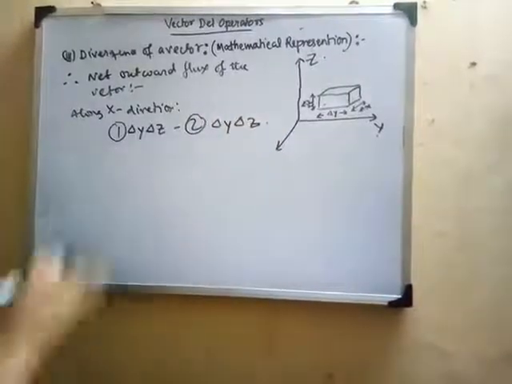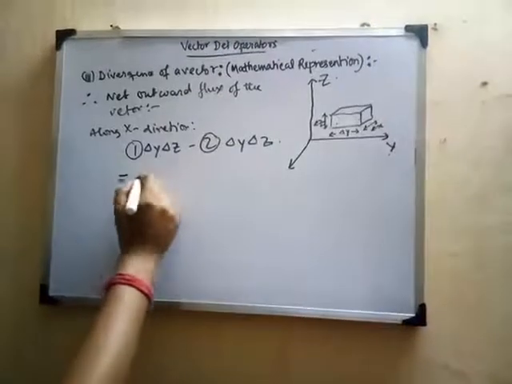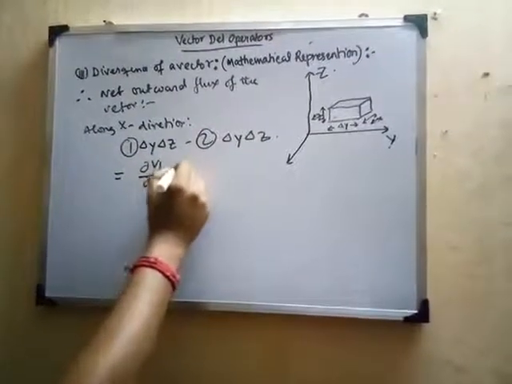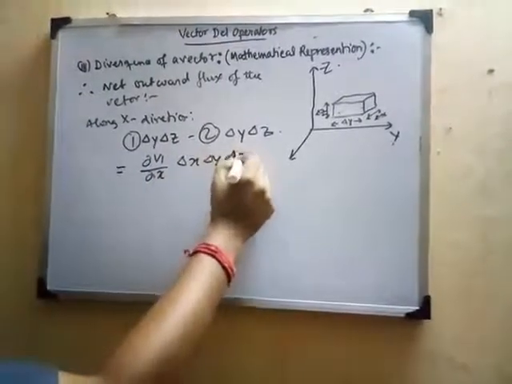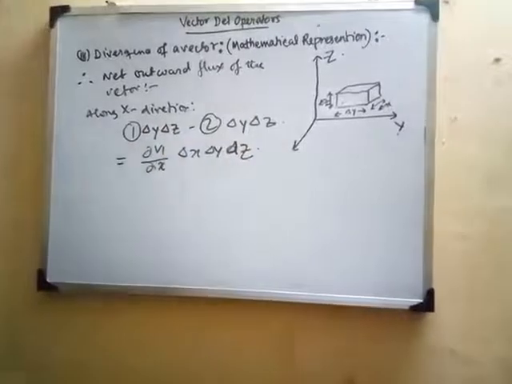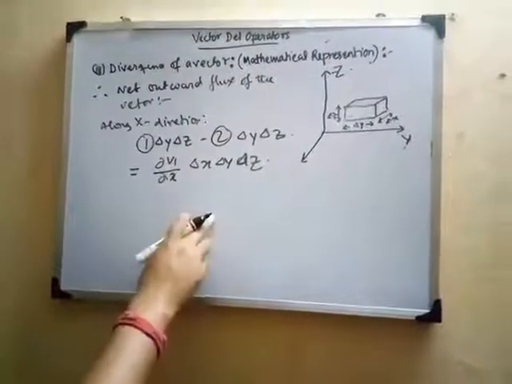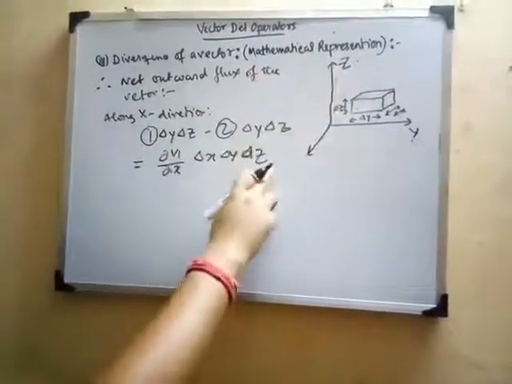After doing this simple subtraction you will get del v1 del x del x del y del z. This is the total outward flux along the x direction.